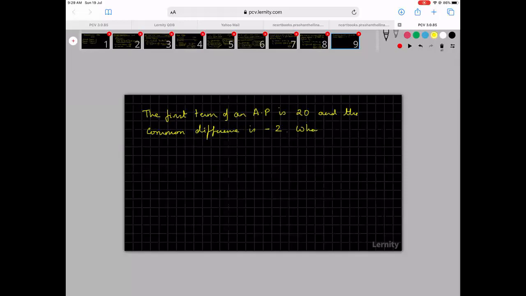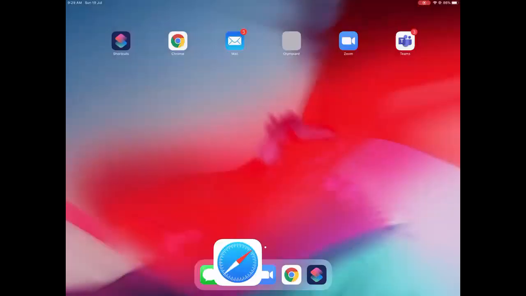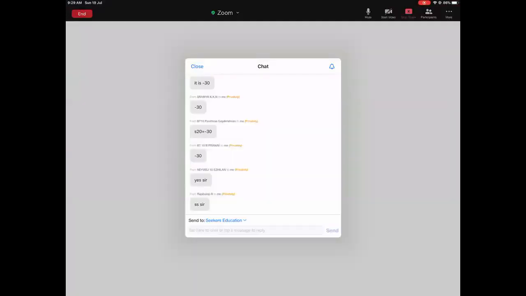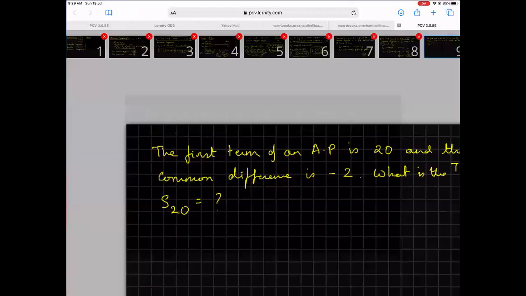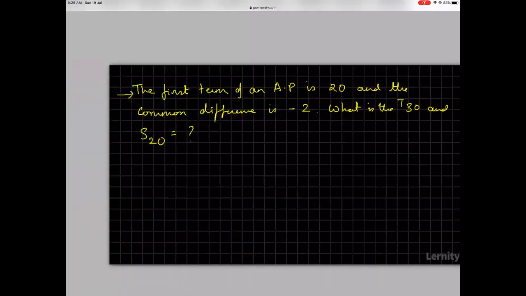Question: what is the 30th term and what is S20 equal to? What is T30 and what is S20? Yeah, Yelilan has rectified. Okay, good. So here the first term of an AP is 20 and the common difference is minus 2. What is T30 and what is S20?